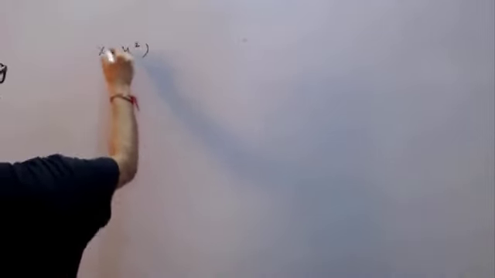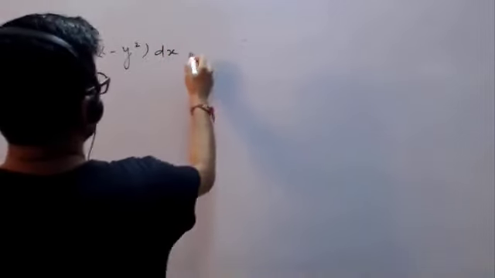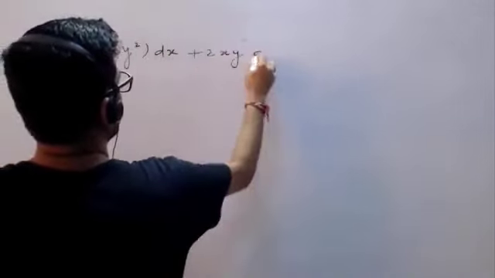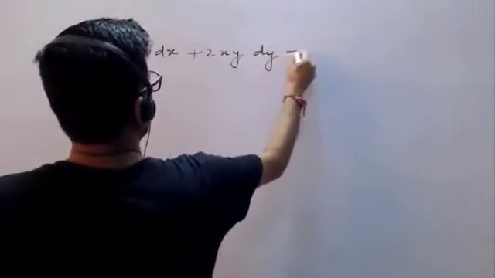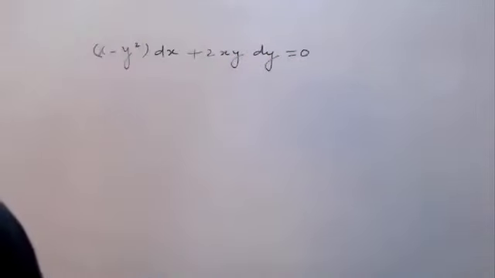So let me take the first question: (x minus y square) dx plus 2xy dy is equal to 0. Suppose this is the equation.